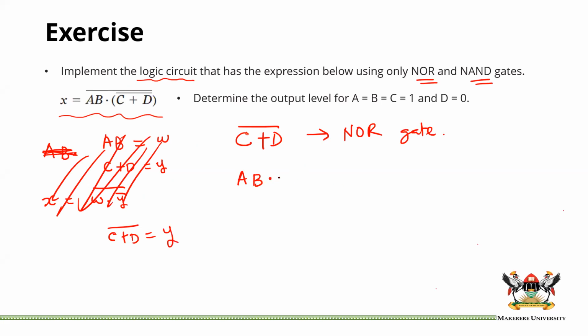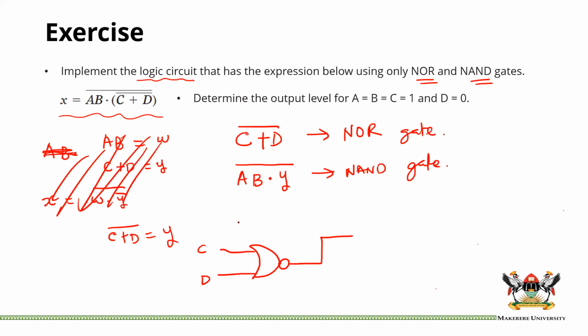Yeah, and Y over that is our NAND gate. So that means that we can have our NOR gate, which is C and D. Okay, so let's say we put a dot there. I have C and D.